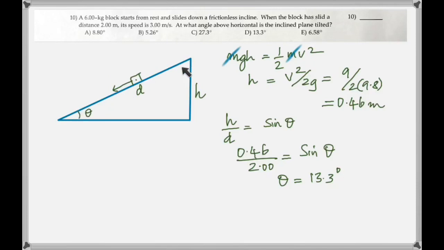And D is given as 2 meters. So first we try to find H using energy conservation. It has potential energy at the top, but when it reaches the bottom, all of it changes to kinetic energy. So mgh is equal to 1/2 times mv squared. So you get H. And then from the triangle, you can see that sine theta is H by D. Use that to get sine theta and get theta.